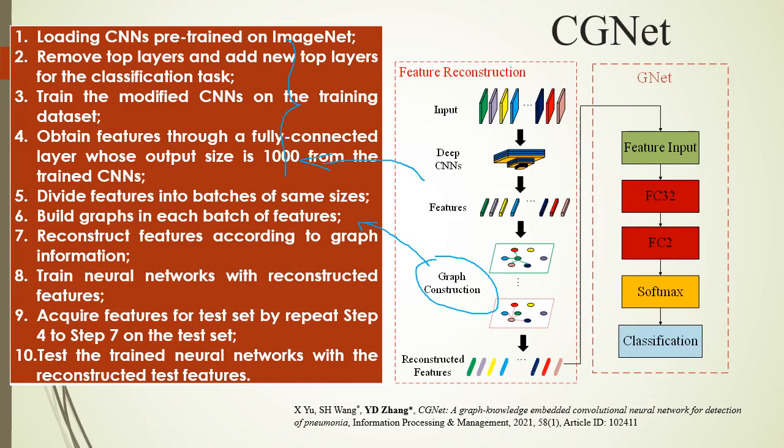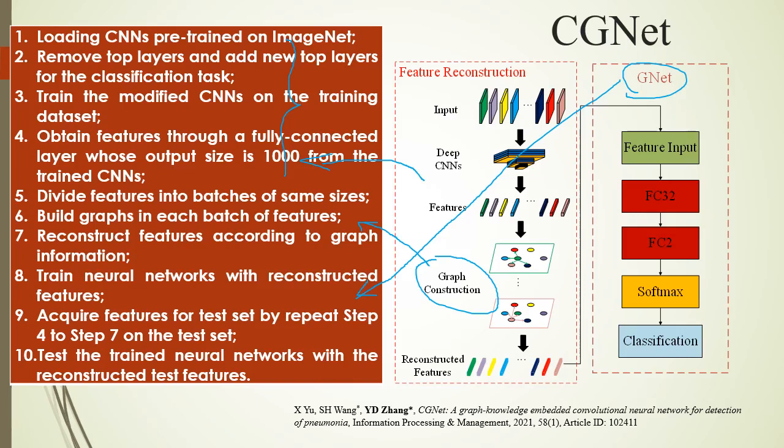And finally, we have a GNet, the graph neural network, which is associated with our steps 8 and 9. So this CGNet you can think of as a kind of two-phase neural network.